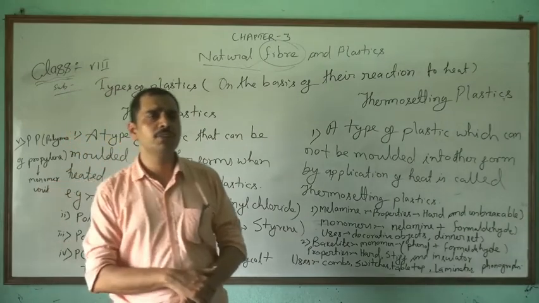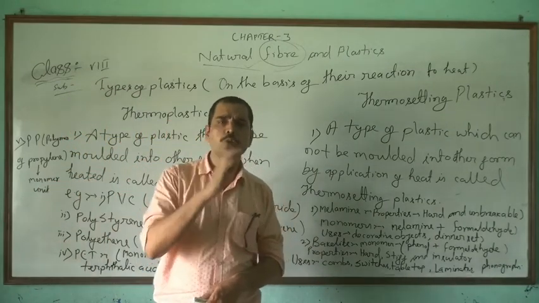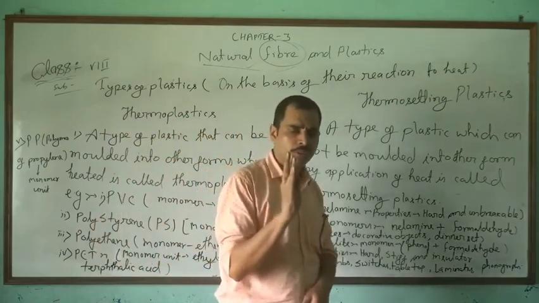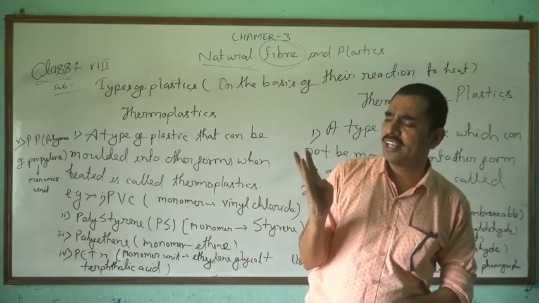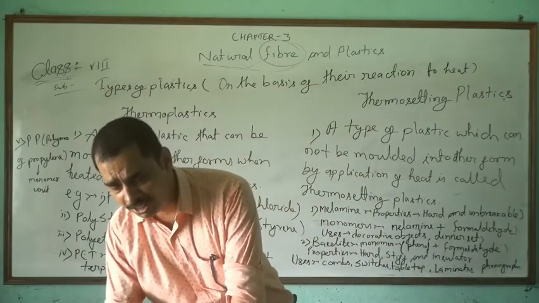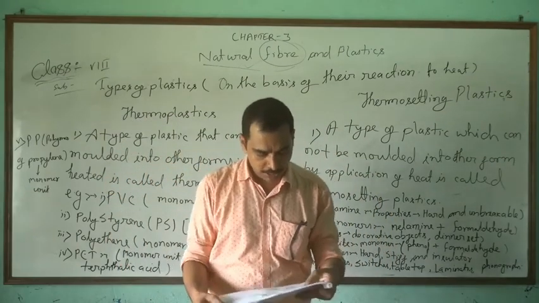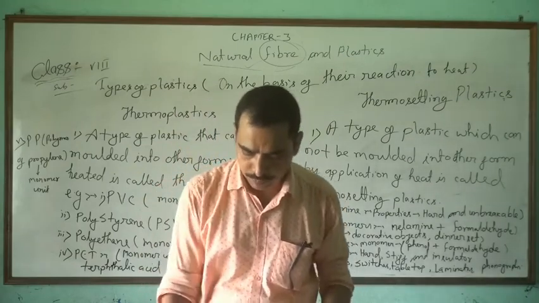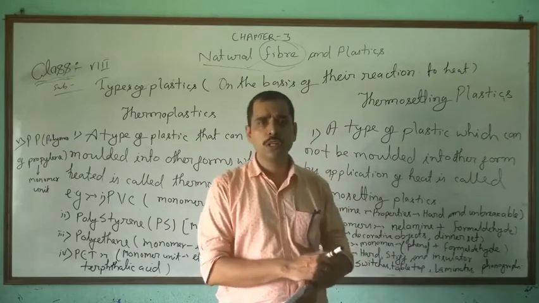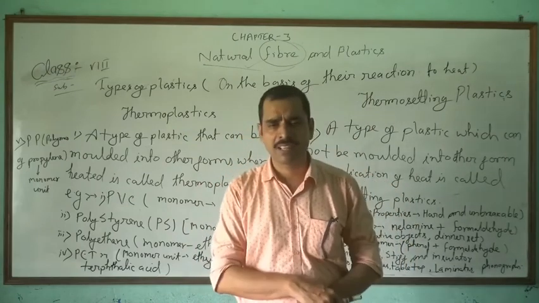So how can we tackle this type of environmental issue? For tackling these issues, we need to use the 4 Rs. The first R is recycle, then reuse, the third is recover, and the fourth is reduce. How do they work? Suppose you are using too many polythene bags.